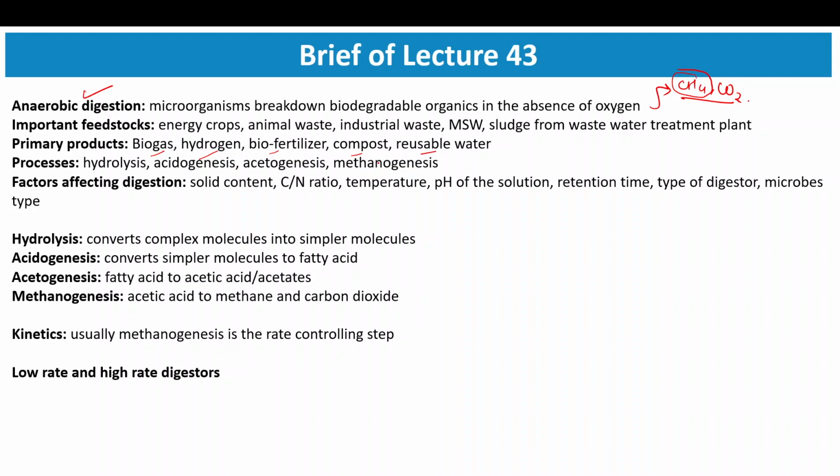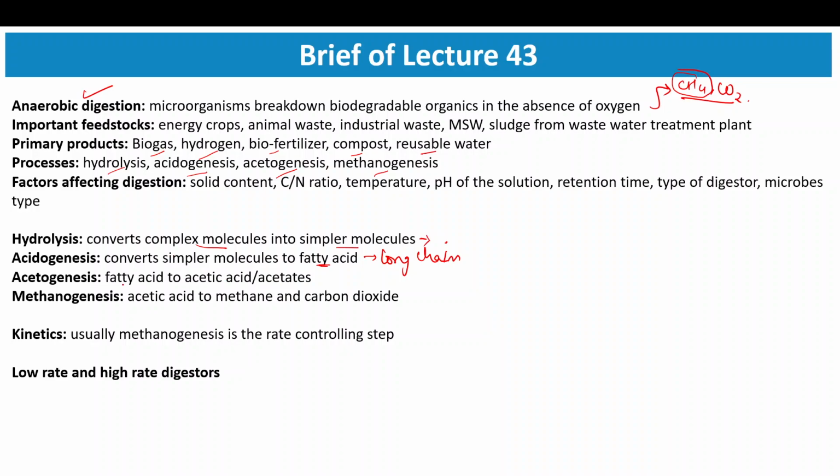Now, the steps involved in anaerobic digestion are hydrolysis, acetogenesis, and methanogenesis. Hydrolysis is the conversion of very complex molecules into simpler molecules. Once the simpler molecules are generated, they are converted to fatty acids, which are long chain, right?